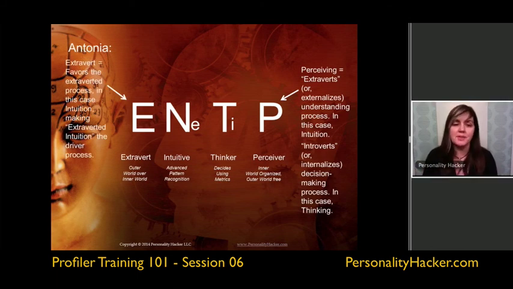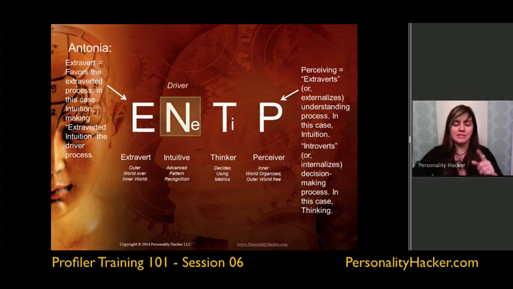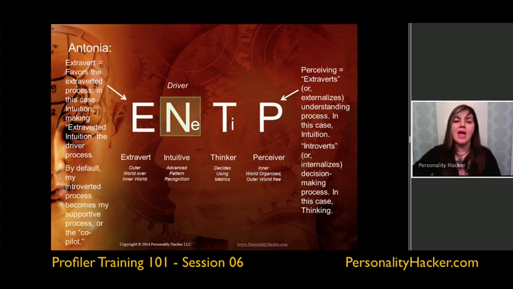Because I'm an extrovert, that means I favor an extroverted process. In this case, intuition, making extroverted intuition the driver process. So that's my driver. And that means by default, my introverted process becomes my supportive process or the co-pilot. So NE driver, TI co-pilot.